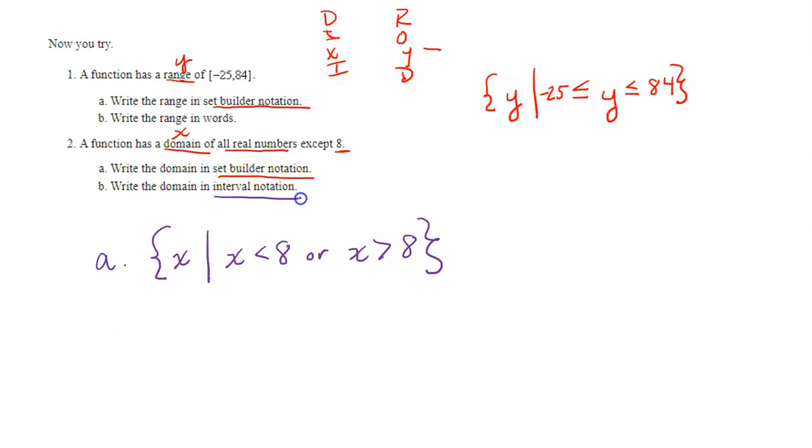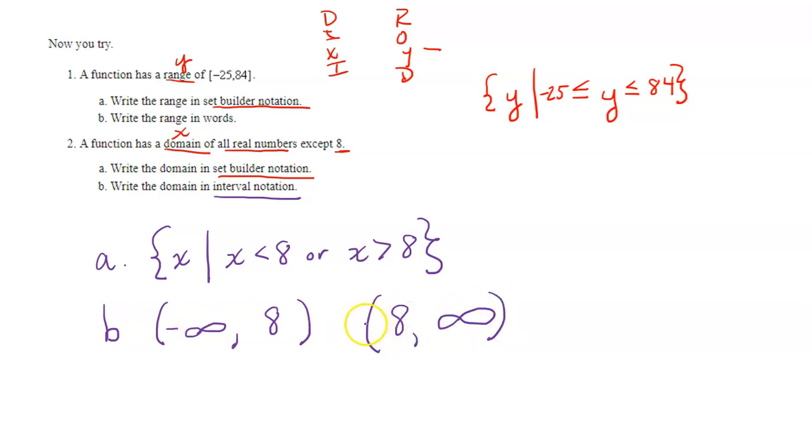My interval notation, okay, so I know that this is going to go from negative infinity to 8. It doesn't include 8. And then it's going to go from 8 to positive infinity. And this is how I show this. And then normally there's like a little U, so that's kind of like an and.